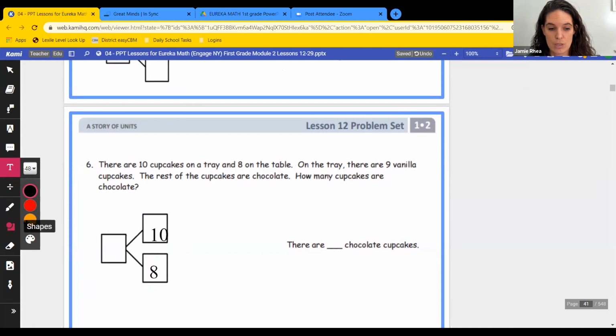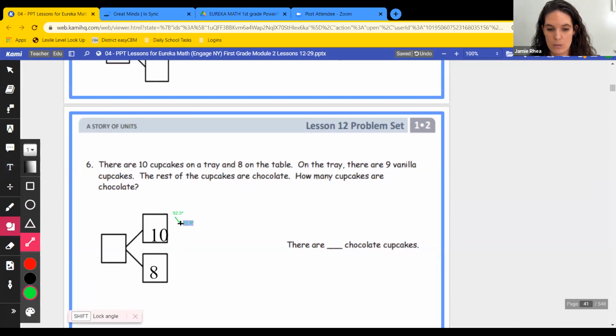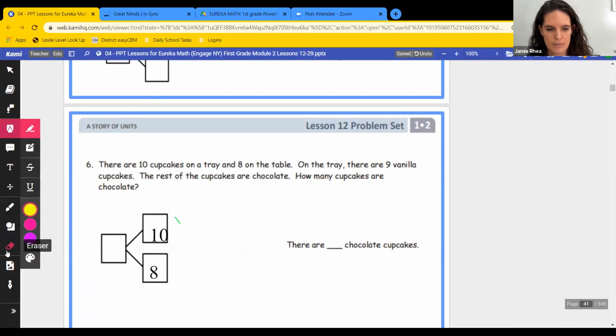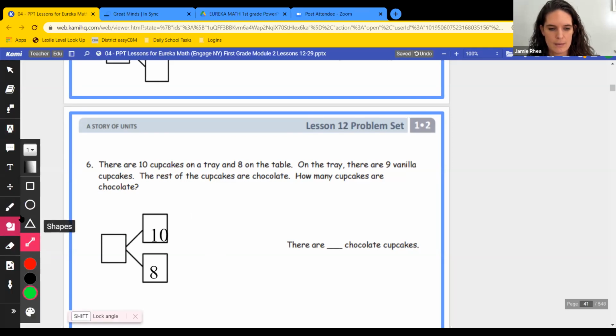Now I'm gonna draw my shapes. Oh, that's a line. Let's go back. Erase that. Oh, if I can find my eraser, there we go. Okay. Let's go to circles. 10 circles, here we go. 1, 2, 3, 4, 5, 6, 7, 8, 9, and 10.